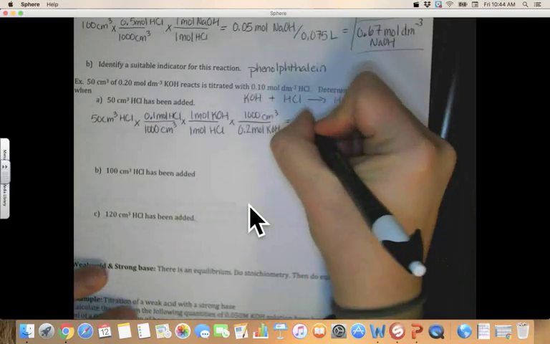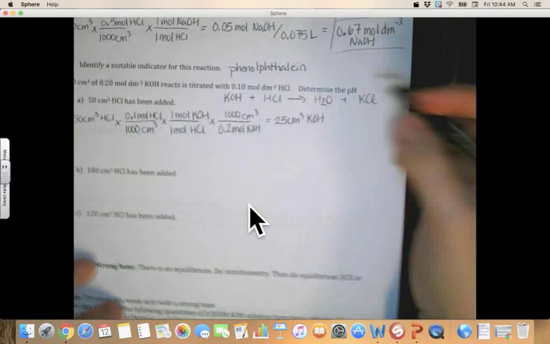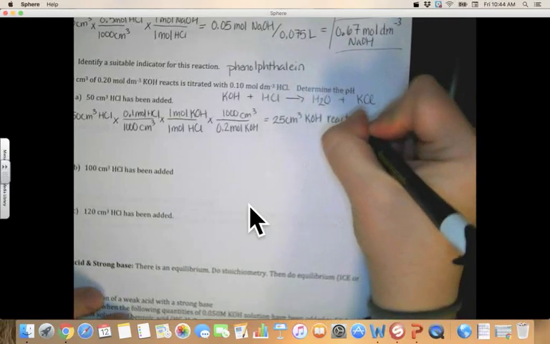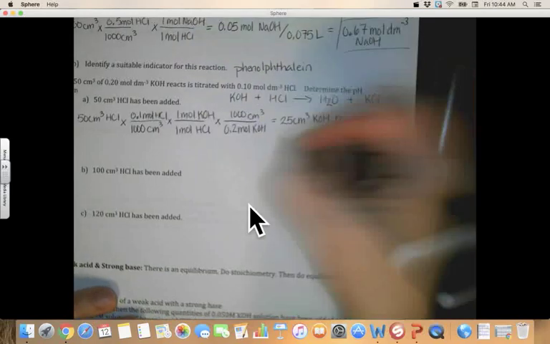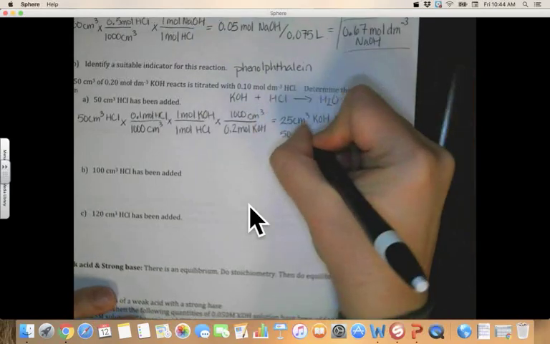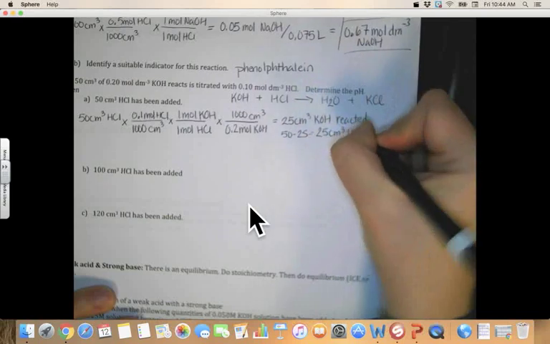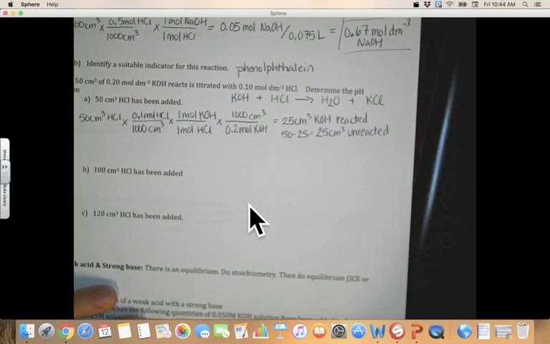So 25 cubic centimeters KOH. So this is how much has reacted. Well, we started with 50 cubic centimeters, so 50 minus 25. So we still have 25 cc's of unreacted potassium hydroxide.